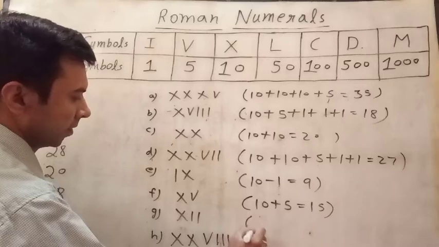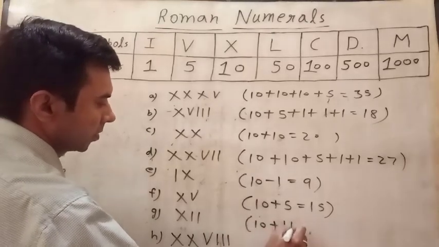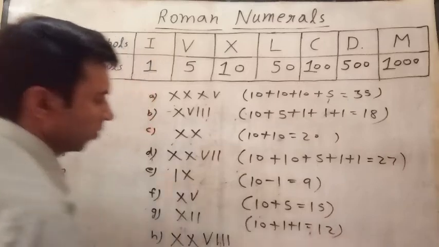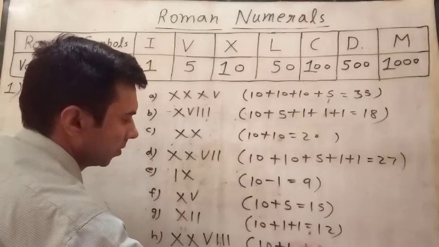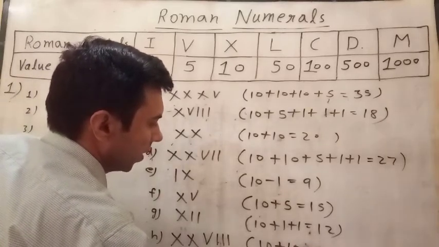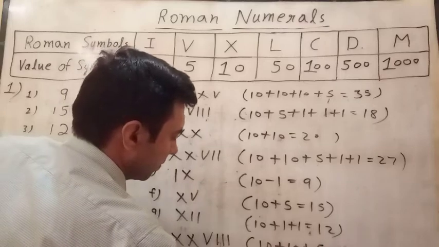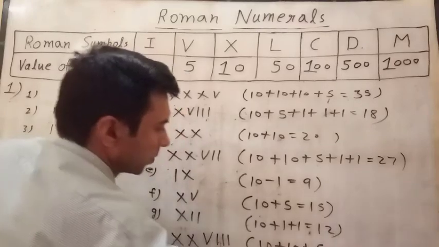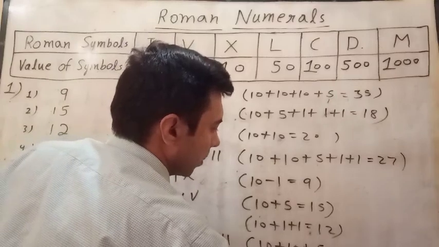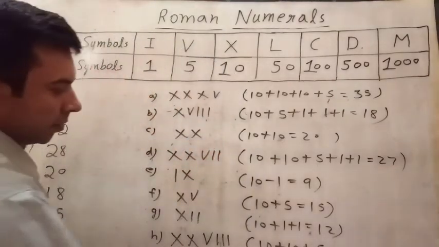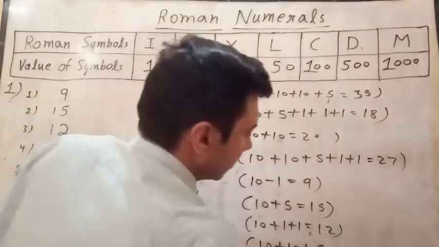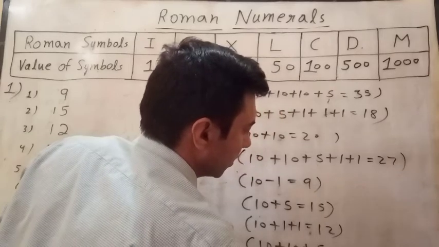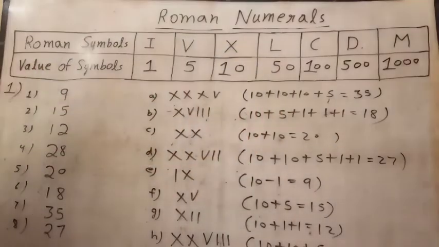Clear? 10 plus 2, 12. 10 plus 10 plus 5: 10, 10, 20, 25, 26, 27, 28. 28. Clear? Now we match it.